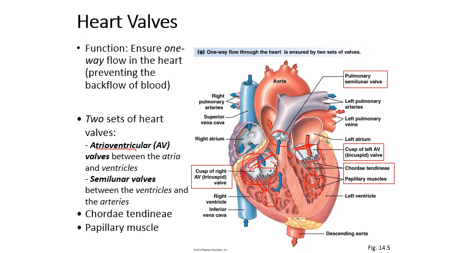So that's what's going to be closing the valves. When this ventricle contracts, the blood's going to try to push back here. It gets shut, so then the blood can only get pushed in one direction, into the aorta.